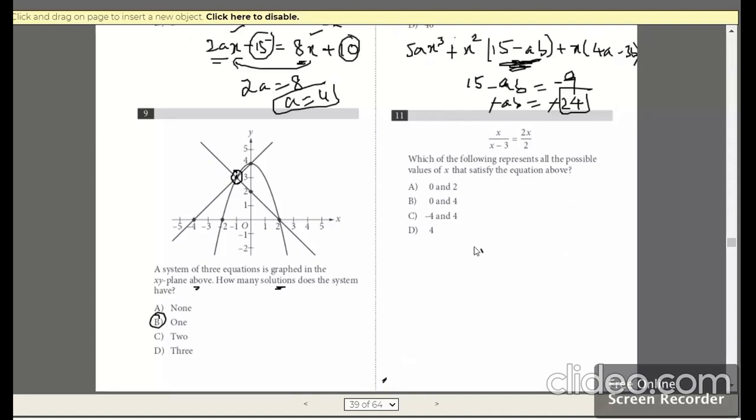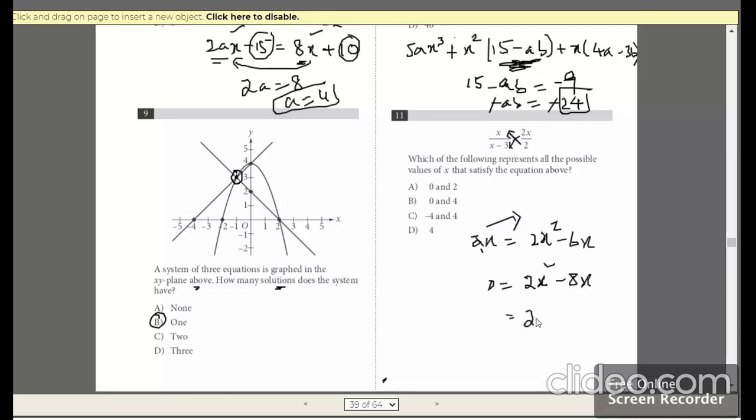Cross multiplying these two, we get 2x equals 2x squared minus 6x. When I shift it to the other side, this is 0, or subtracting basically, so I am going to get 2x squared minus 6 minus 2 will give me minus 8x.